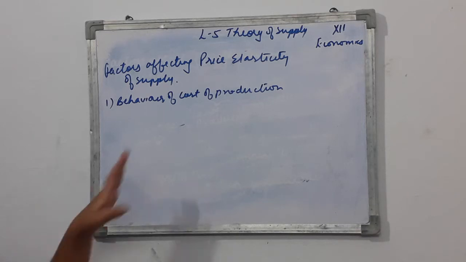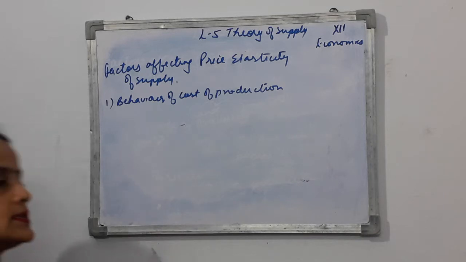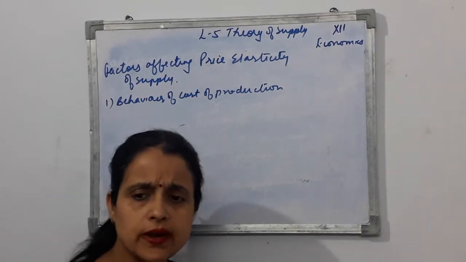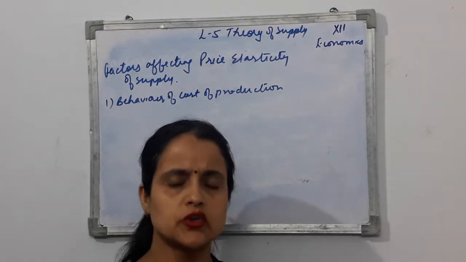Elasticity of supply depends on change in the cost of production, additional quantity of output. If an increase in output by the firm in an industry causes only a slight increase in their cost per unit or leads to decrease in cost per unit, we would expect supply to be fairly elastic. If there is very slight change in the cost, then the supply is going to be elastic.